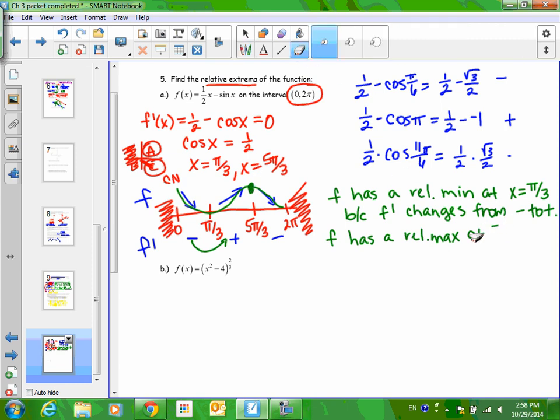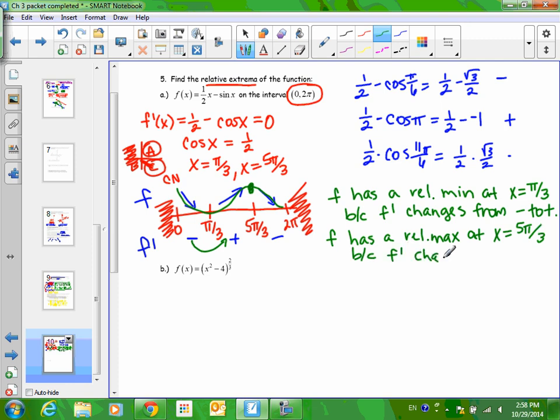So X equals 5 pi over 3 because F prime changes. And again, if you don't know, just look right here, positive to negative. It's totally cool if you abbreviate, but you gotta have all those pieces in your answer.